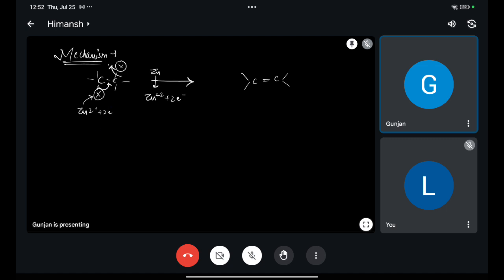Like zinc donated its two electrons to X. So X will get those electrons from zinc. Ultimately, since X is getting the electron, now in the carbon-X bond breakage X will not take the electron of carbon. It will donate the electron to carbon, because X is already getting the electron from zinc, right?